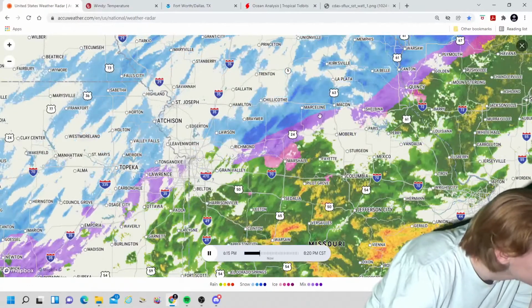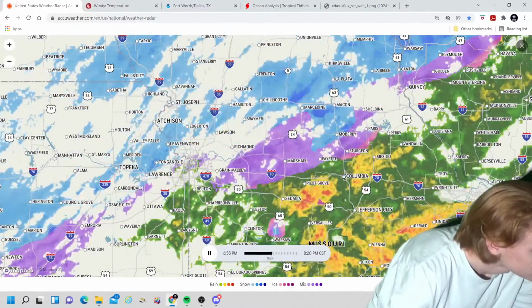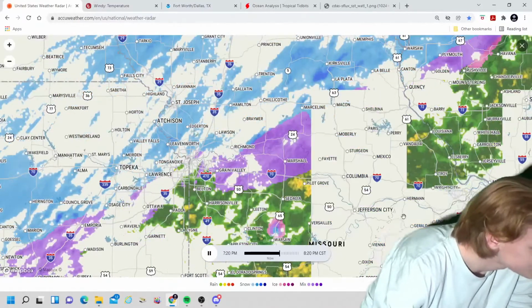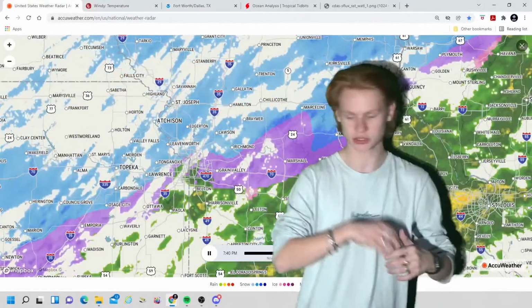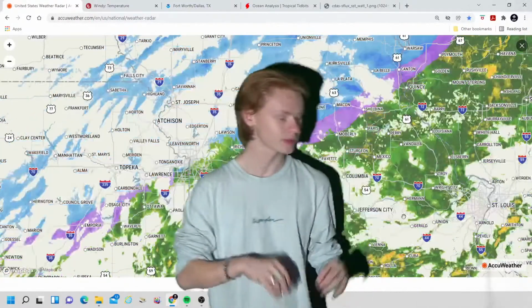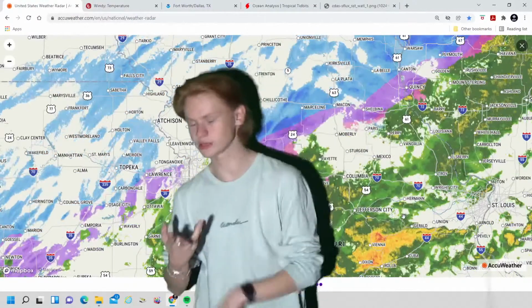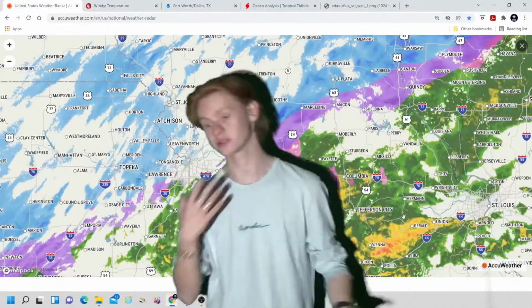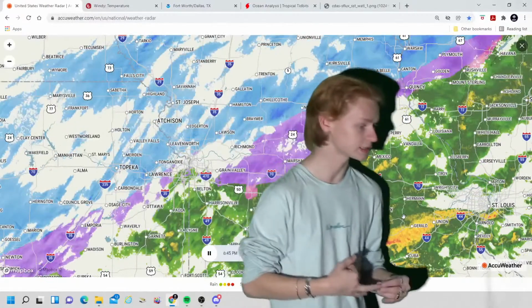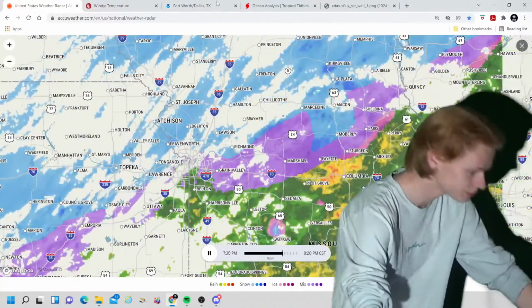Mixed is purple, which is what this is. So we're getting bits of ice developing, but mainly it's mixed precipitation, a mixture maybe of sleet and freezing rain: sleet pellets, freezing rain, bits of rain maybe, and some snowflakes here and there. It's a mixture of wintry precipitation.